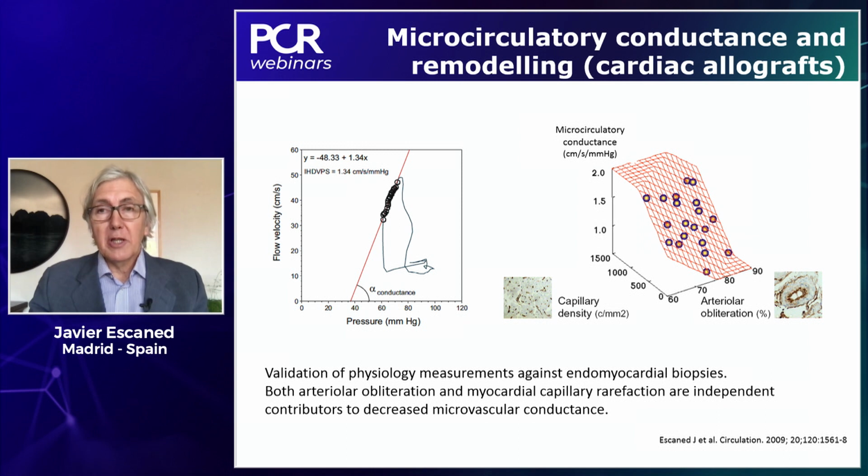It is not only the narrowing and the loss of luminal area of the arterioles that causes increases in resistance or decreases in conductance. Conductance and resistance are inverse, as you know. It is also the loss of capillary density. And we know nowadays that there are a number of conditions where you can see a dramatic loss of capillary density.